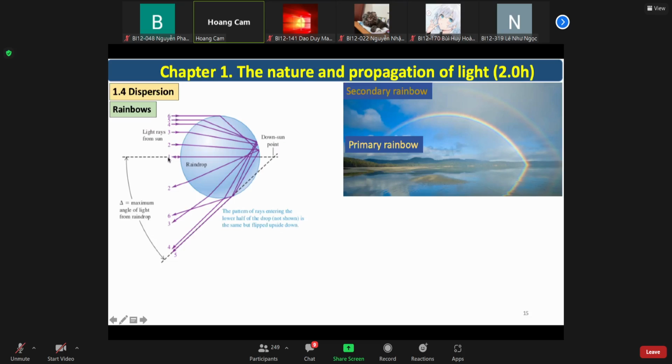But the two boundaries are that the first one passes through the diameter with the center of the raindrop, and the last one will pass by the edge. Here you see the edge of the raindrop, and in the middle we will have different other incident rays.